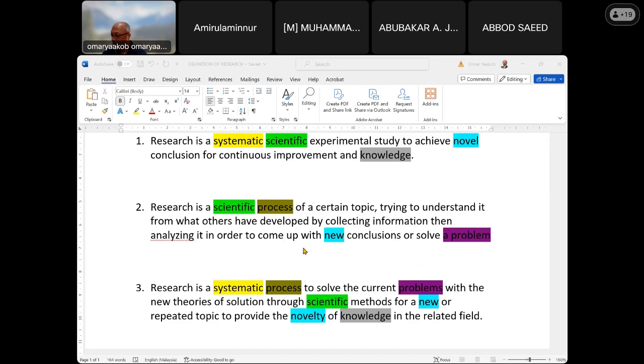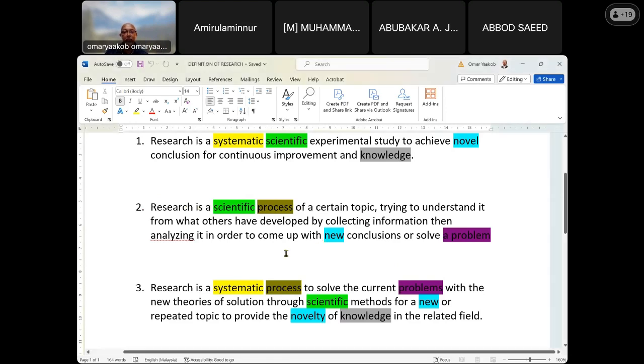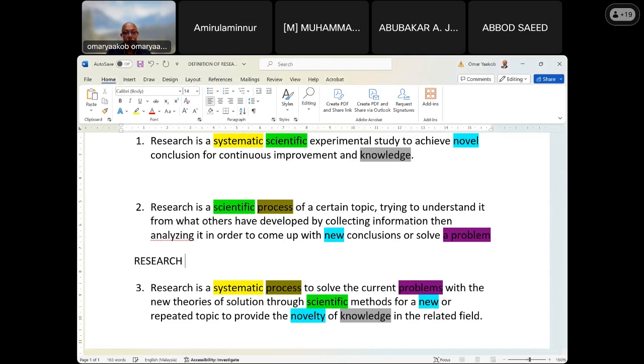Maybe we can add the word systematic besides the scientific process, making it research is a scientific and systematic process. Because systematic means we do it one by one, a step-by-step process, right? Just like how we are doing a research, we do that systematically, is it?